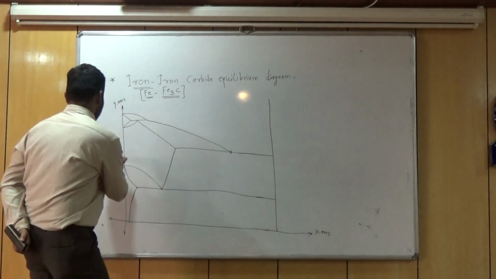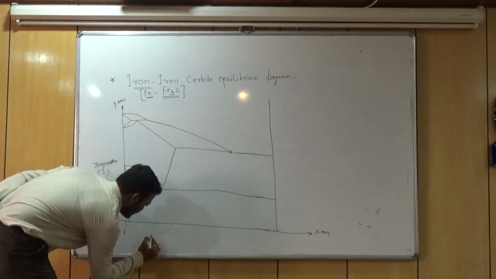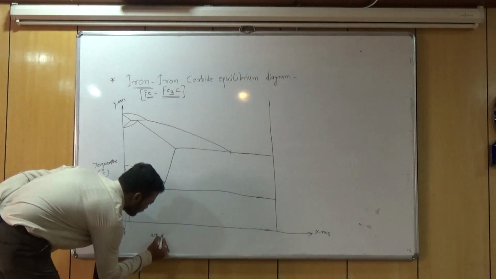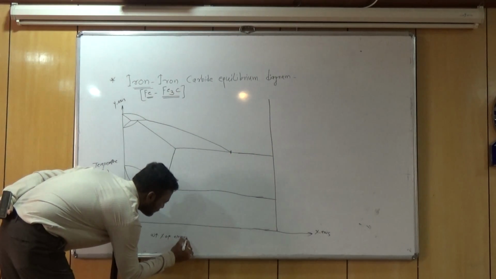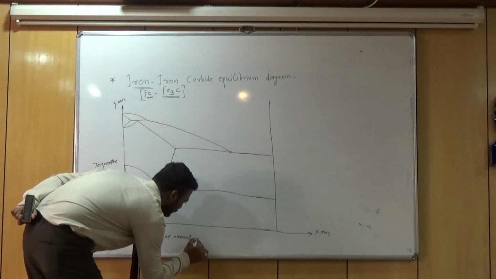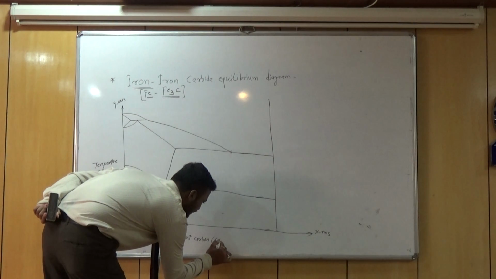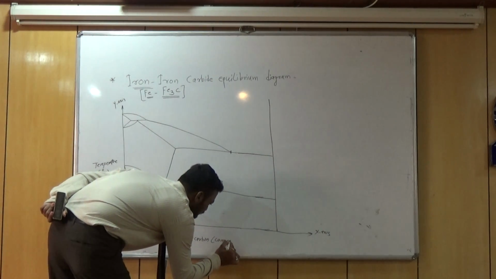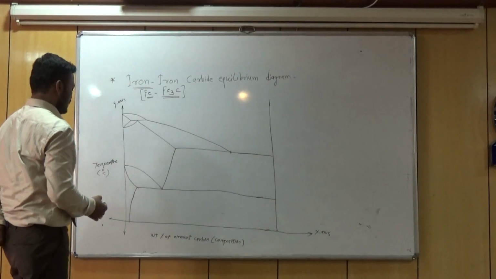On y-axis we have plotted the temperature in degree Celsius. On x-axis we have to plot weight percentage of element. Here we have taken carbon, that is in bracket you can write composition of carbon percentage, the weight percentage of the carbon.